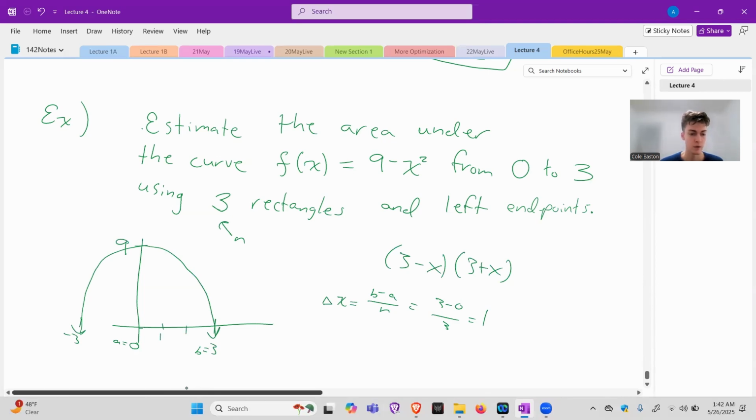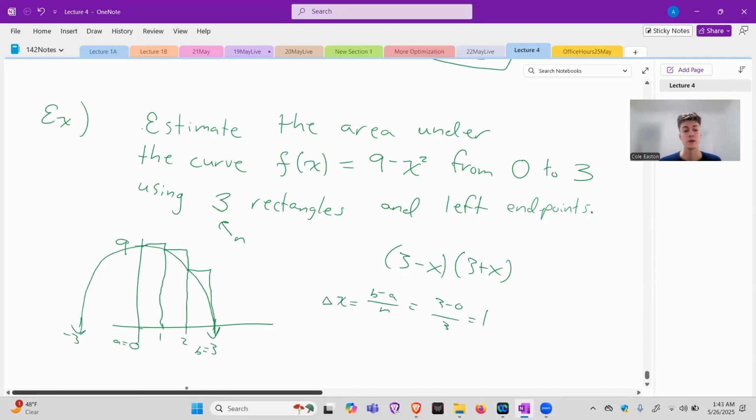So we step 1, we're at 1, we step 1, we're at 2, and then we're using left endpoints, which means that we're doing left Riemann sums. There's different phrasings of this that you might see in problems. So we're drawing a rectangle like that, drawing a rectangle like this, and we're drawing a rectangle like this.